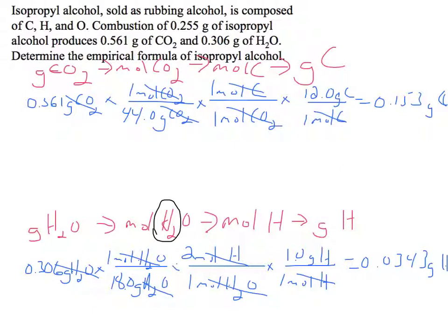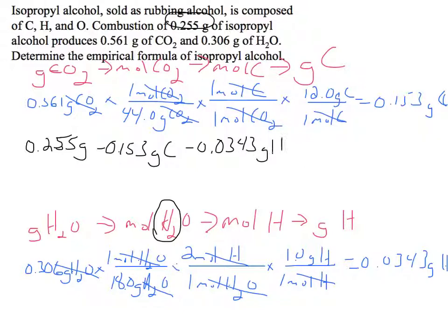So at that point we have grams of carbon and grams of hydrogen. We then need to calculate the grams of oxygen. Our original sample had 0.255 grams, and we subtract the 0.153 grams of carbon and the 0.0343 grams of hydrogen.